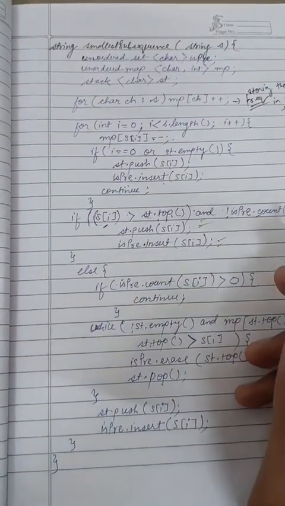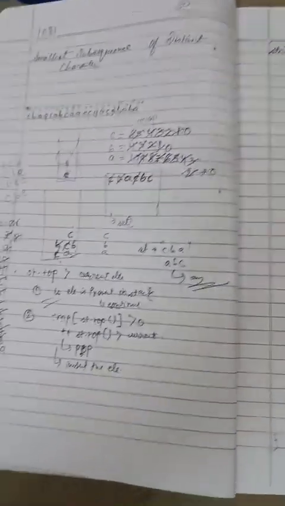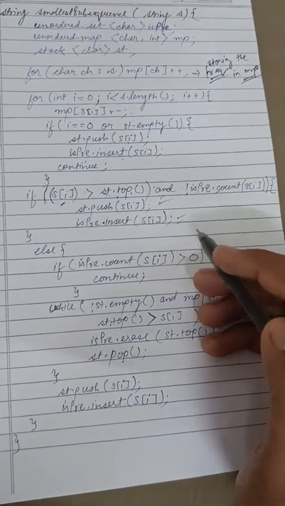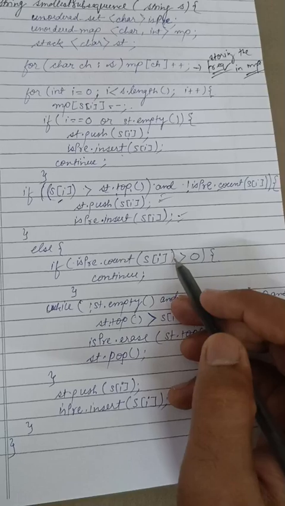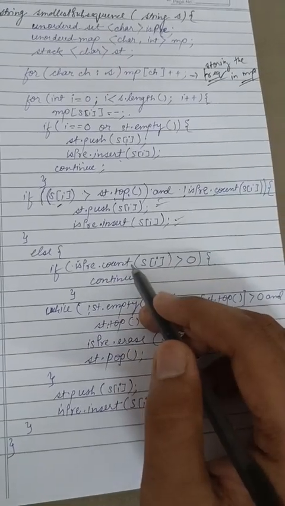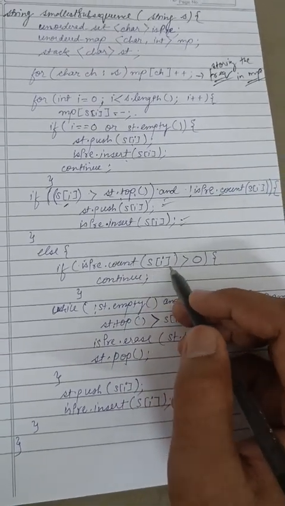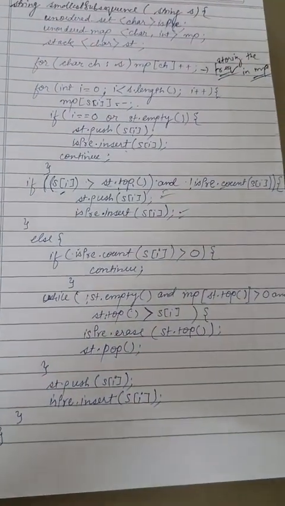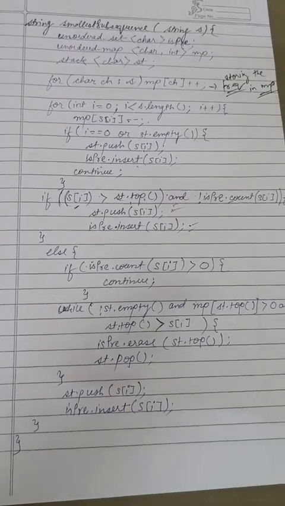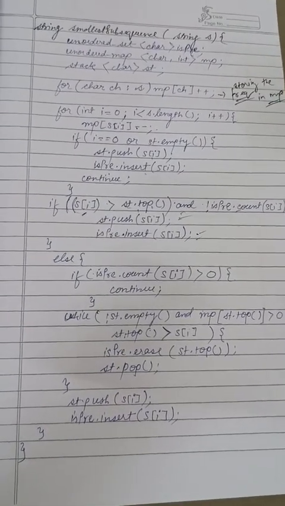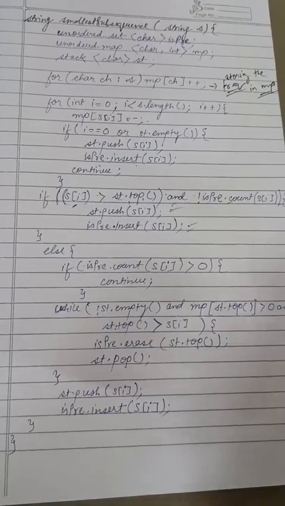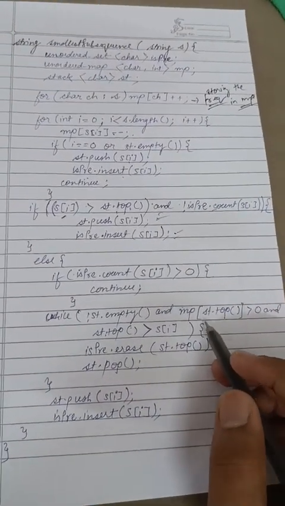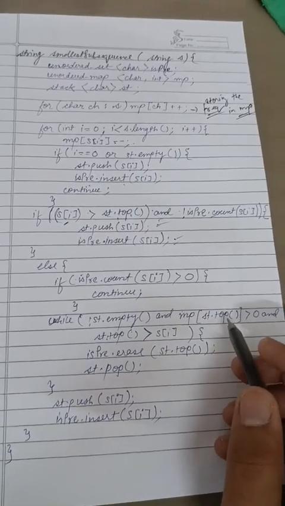Then if the topmost element is greater than the incoming element, as we have already seen here, we check whether the incoming element is already present in the set or not. If it is already present, I will just continue to the next element. If it is not present, I will pop the topmost element until the topmost element becomes smaller than the incoming element, provided the element going to be popped has a frequency greater than 0.